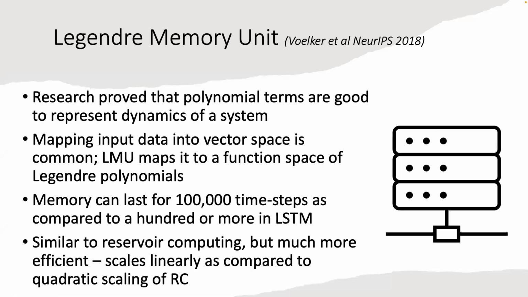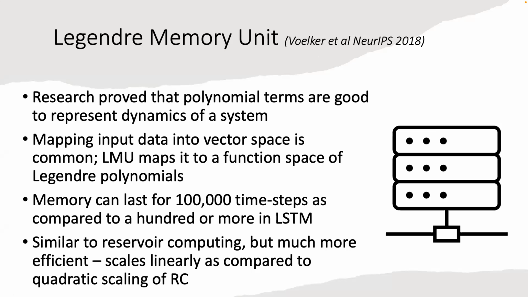Now, what is Legendre Memory Unit? This is a paper in NeurIPS in 2018 by Voelker and others. In general, research proved that polynomial terms are good to represent dynamics of a system.